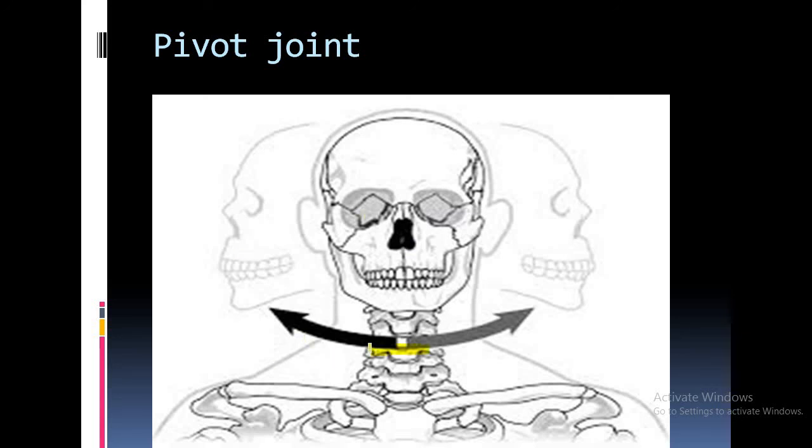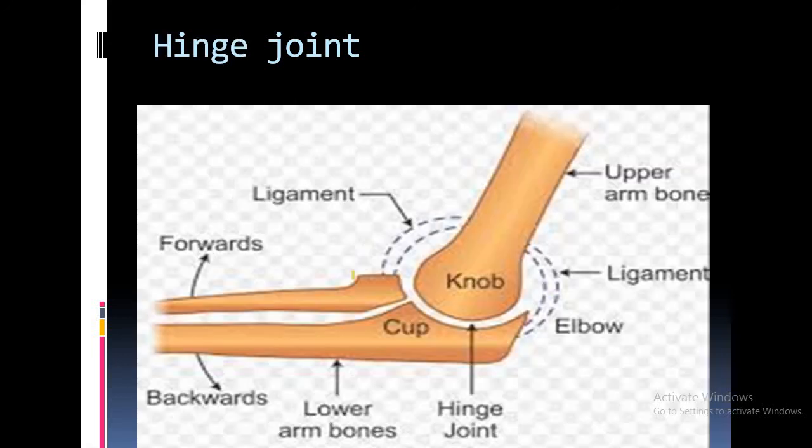So here this is the vertebral column, and this is the skull. So this skull is rotating over a pivot-like structure. So this vertebral column is acting like a pivot. So this joint is known as pivot joint. It is present between the skull and the axis of the vertebrae. So the first two vertebrae are known as atlas and axis.